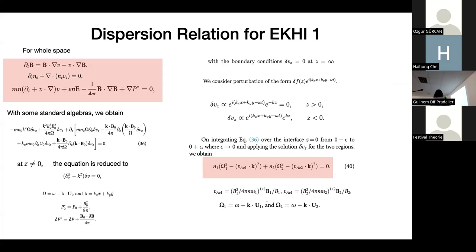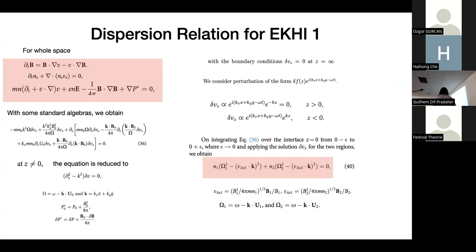Then we can integrate this equation over the interface z equals 0. We have this permutation, which is exactly similar to the HChe one. Here omega is replaced by omega minus k dot u0, where u0 is the initial velocity above and below.